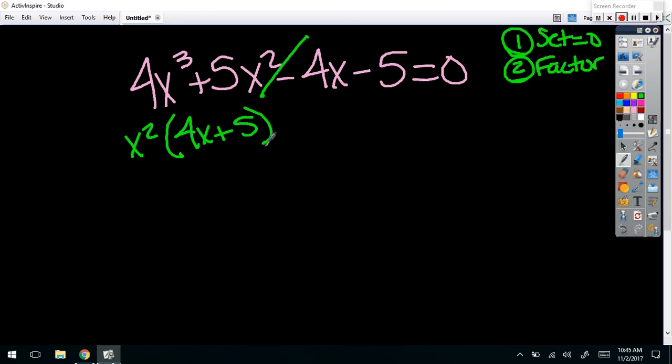Then for the next, because there's a negative in the middle, you have to change the sign. Only the second one, so it'll be 4x plus 5. The middle sign has to stay.